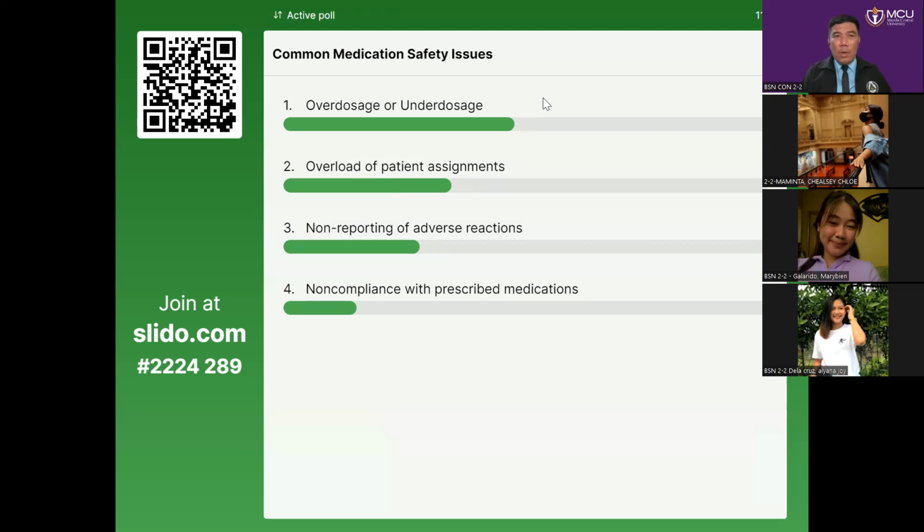Second on the rank of the common medication safety issues is the overload of patient assignments. Number 3 is non-reporting of adverse reactions. Number 4, non-compliance with prescribed medications. You can still cast your response. Still overdosage and underdosage.